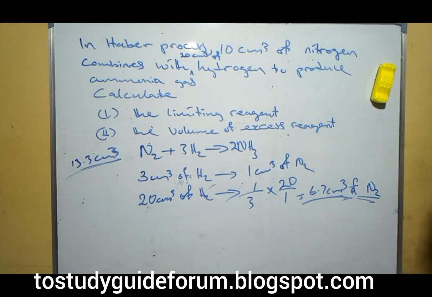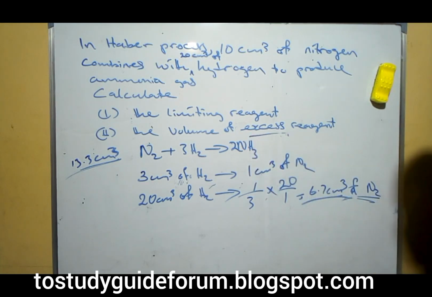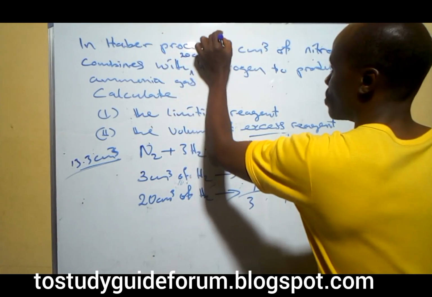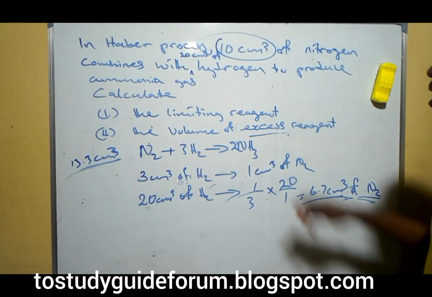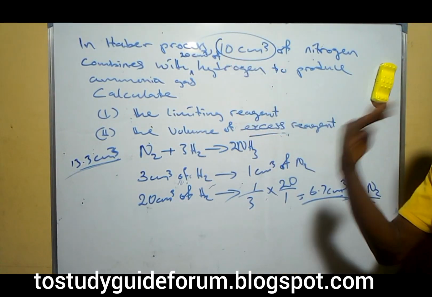Now, the volume of excess reagent. In this 10 cm³ of nitrogen, not all of it will react.